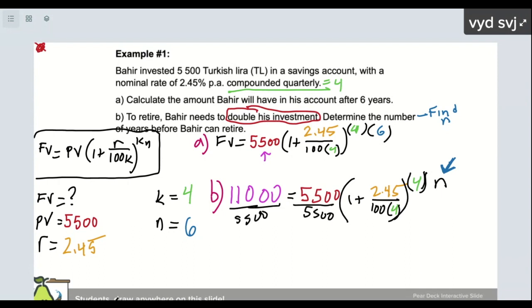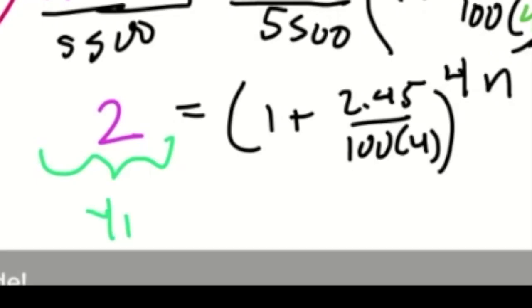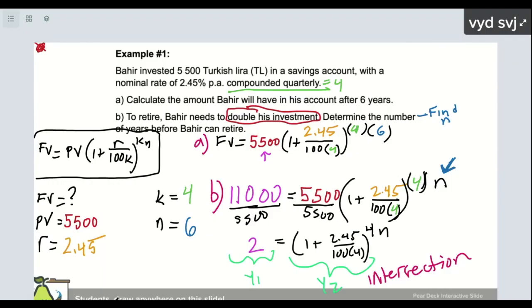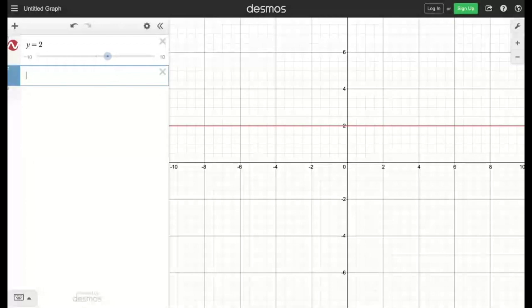When you do that, you'll end up with 2 here, and then equals 1 plus 2.45 over 100 times 4, to the 4 times n. Looks complicated, that's okay. Guess what? Graph it. It's y1, y2, find the intersection. And that'll give you your answer.